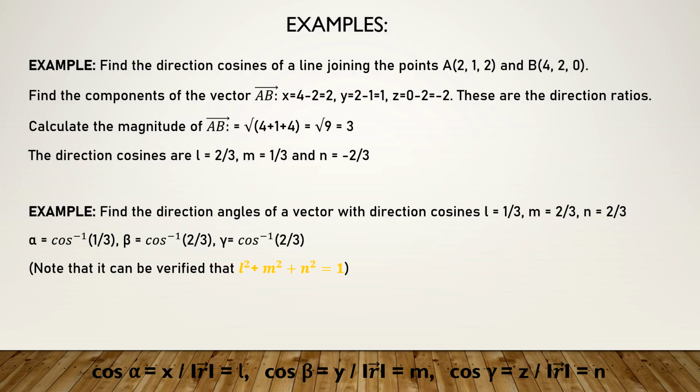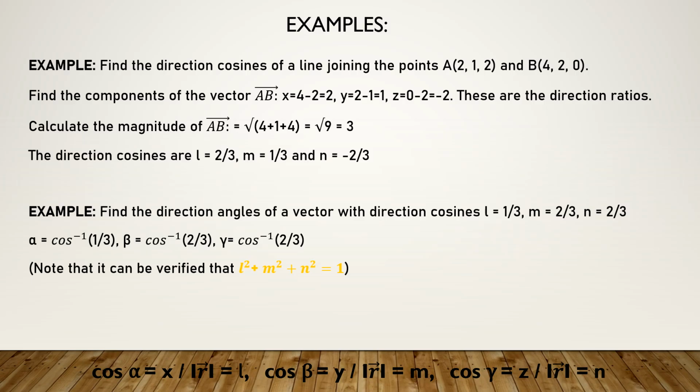So if I want the components for the vector from A to B, how will I get them? The x coordinate will be B minus A, 4 minus 2, which is 2. Same way for y, 2 minus 1 which is 1, and z it is 0 minus 2 which is minus 2. So basically, these are the coordinates of your vector. So these are the direction ratios.